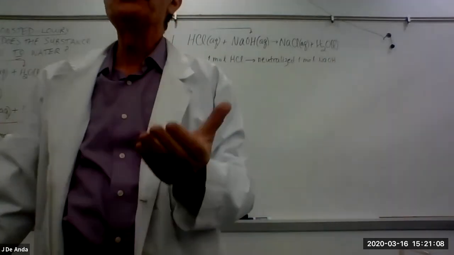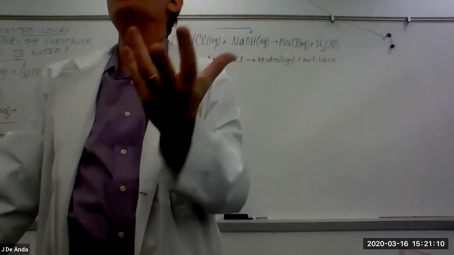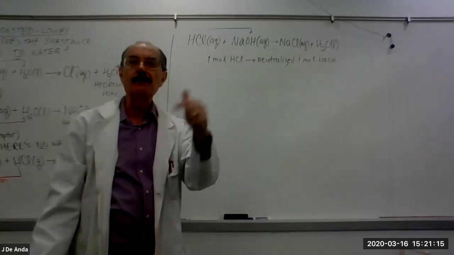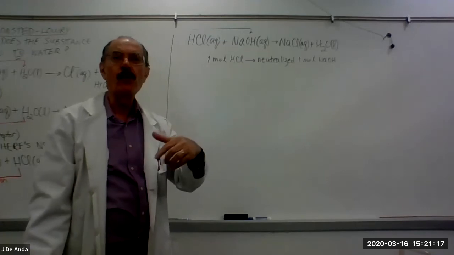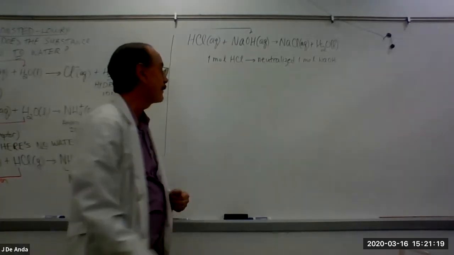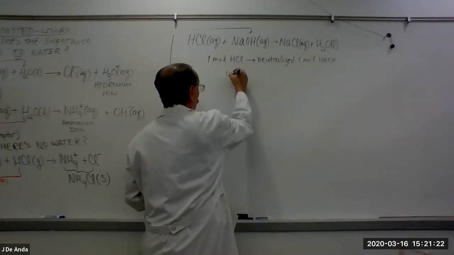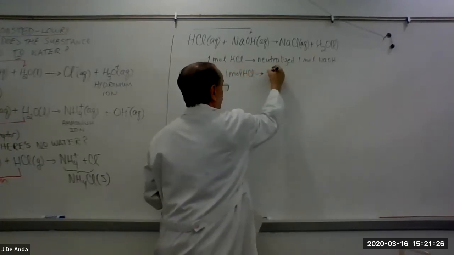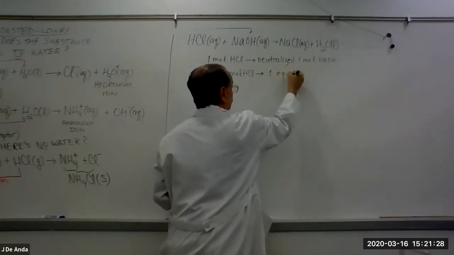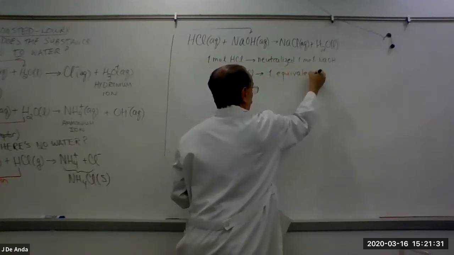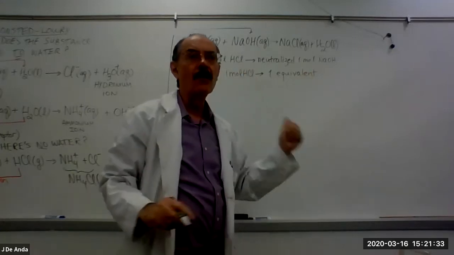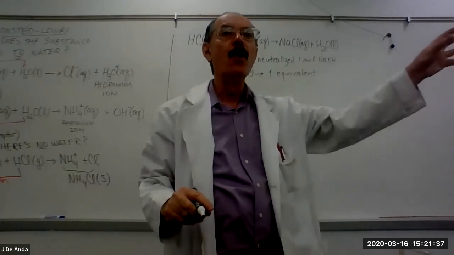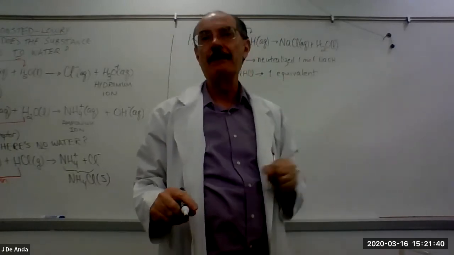If I wanted to know how much HCl I have in there, instead of calculating the moles per liter, I might consider what's the chemical power in my sample. And I would say that 1 mole of HCl has 1 equivalent. In other words, 1 mole of HCl has the power of transferring 1 mole of protons to a base.